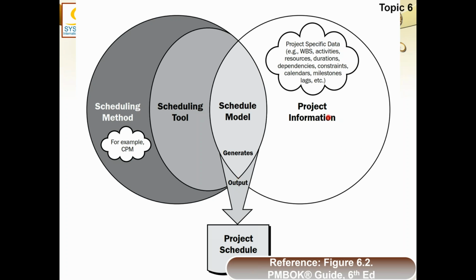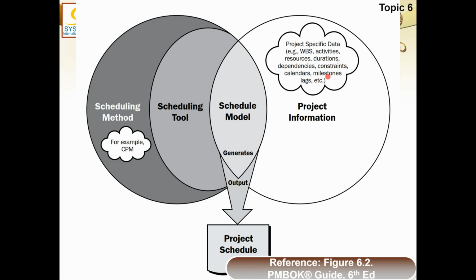Now let us generate the data. The project specific data has to be generated so that it can be put into the schedule model through the scheduling tools appropriate for the scheduling method. So what is the data? This is the WBS, activities, resources, durations, dependencies, constraints, calendars, milestones, leads, lags, and so on and so forth.